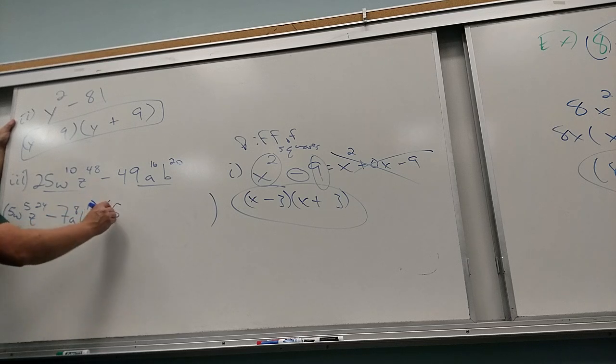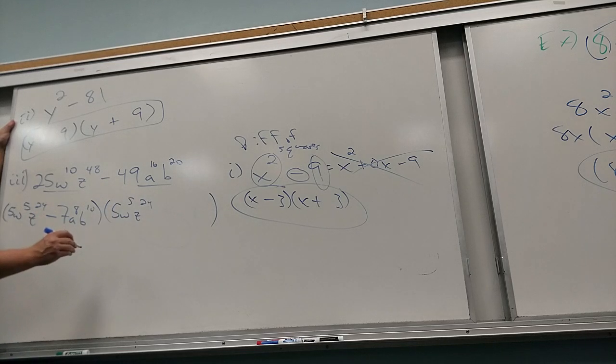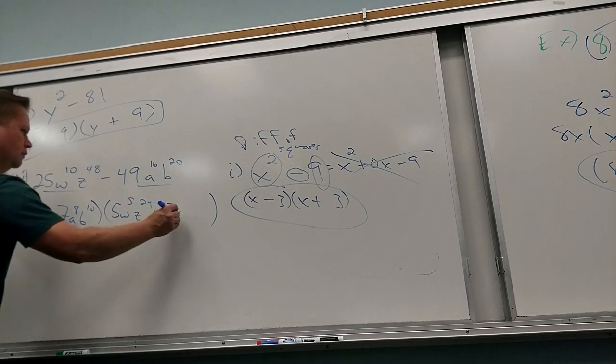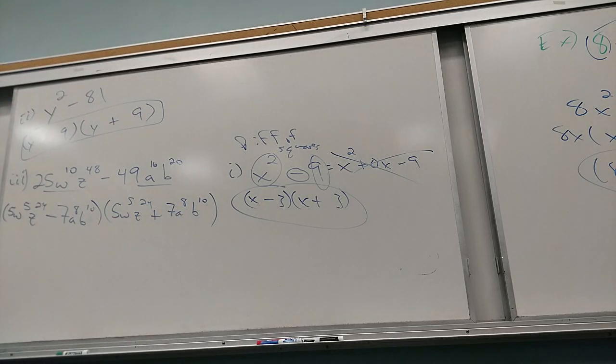And then you write all the same thing, the only difference is plus. Alright, let's try it. We've designed this to come out correctly. Because what is this times this? They're both half of this, so this times this is this. 5 times 5 is 25. w^5 times w^5 is w^10. 12 times 12 is 144, z^24.